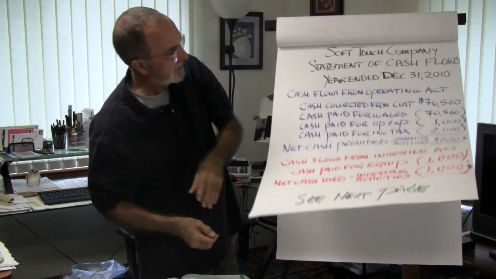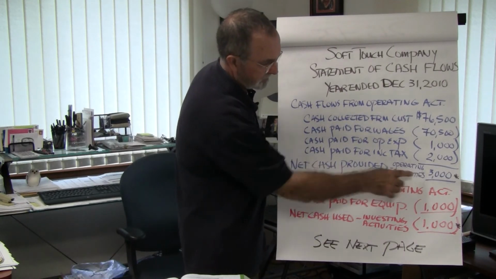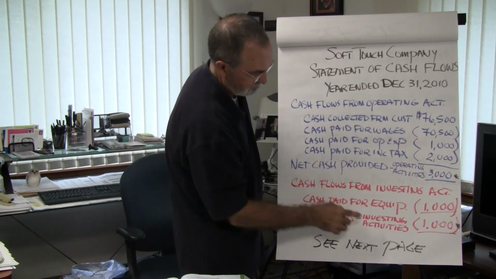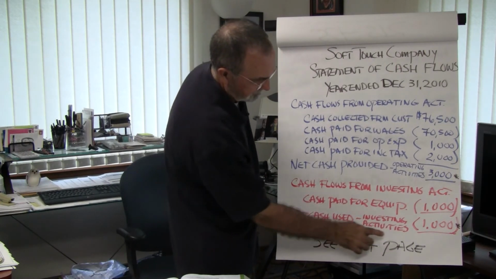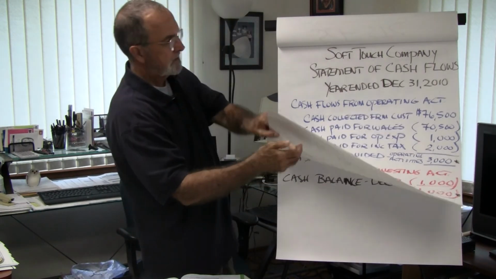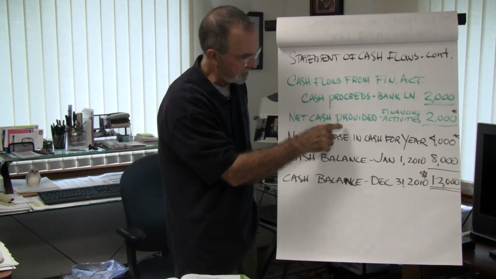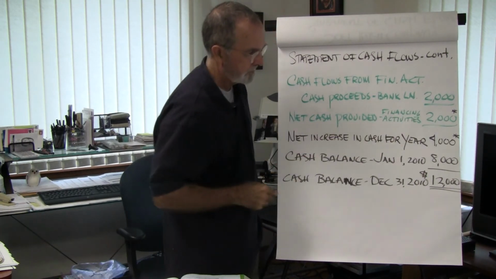we would add the totals from our three sections. So we have a positive amount, cash provided, from operating activities. We have a negative amount, net cash used from investing activities. And then for financing activities, we have another positive amount, net cash provided of $2,000.